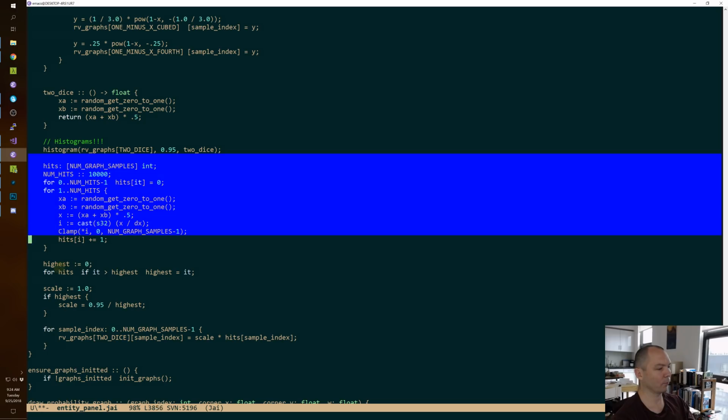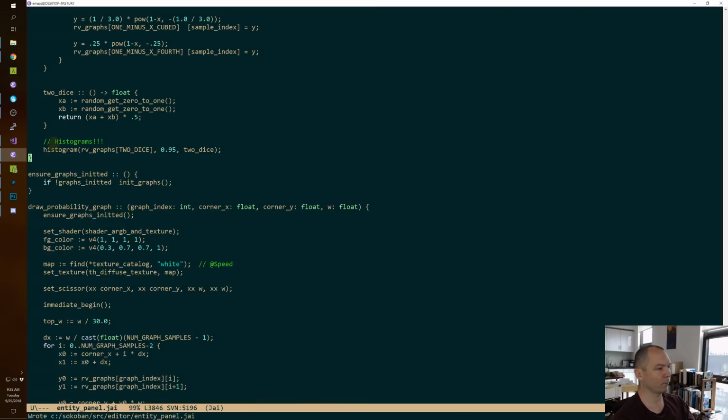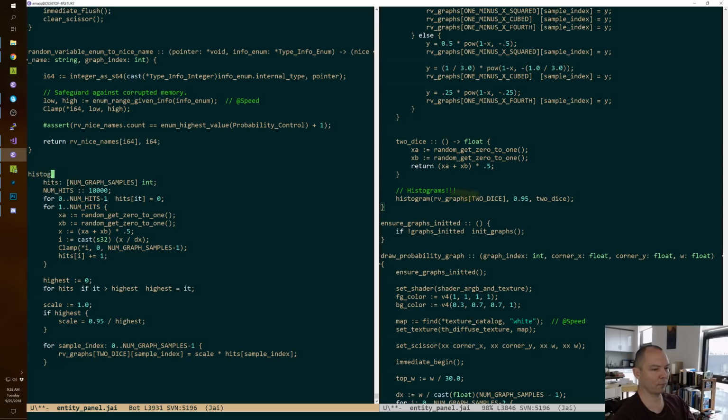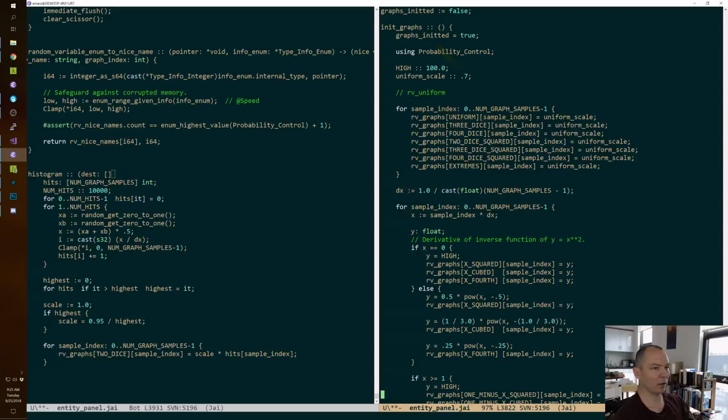All right. So then we're going to say histogram. Destination is an array of num graph samples of float, right?